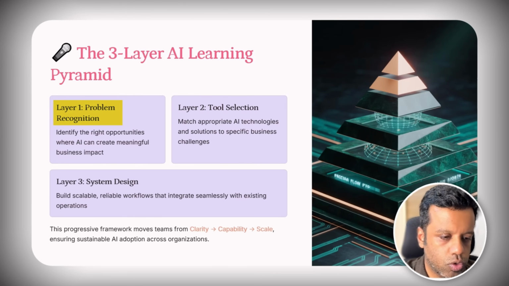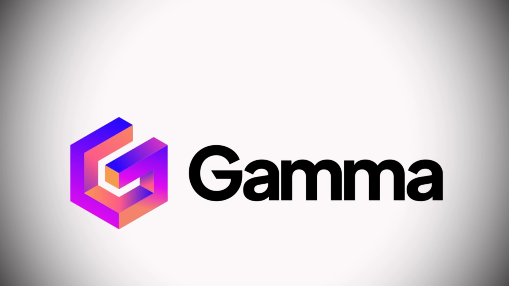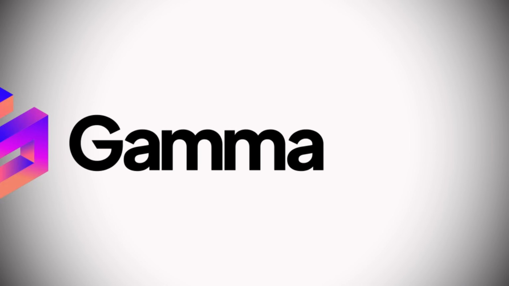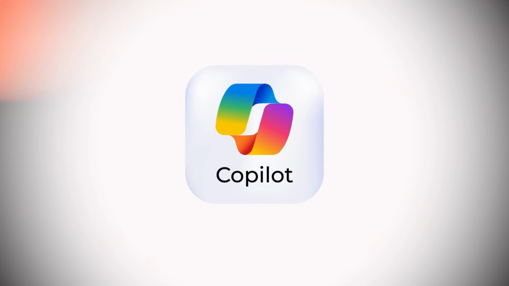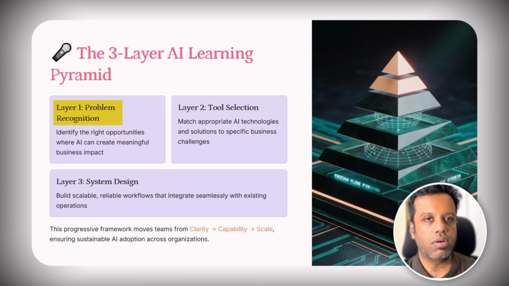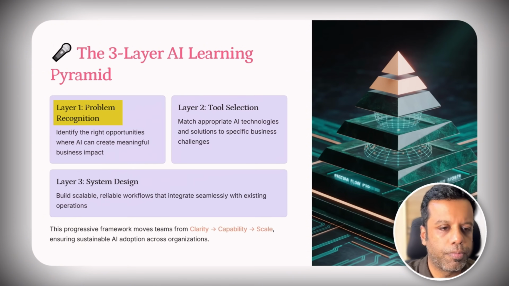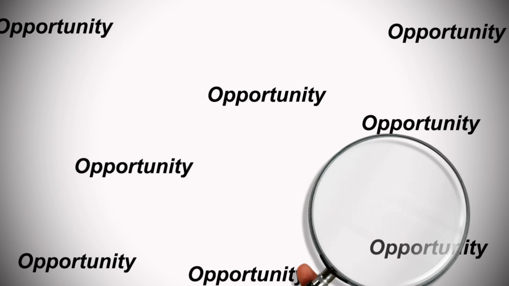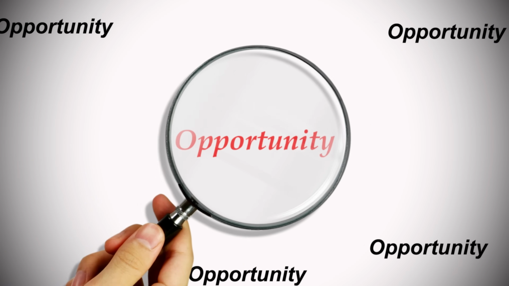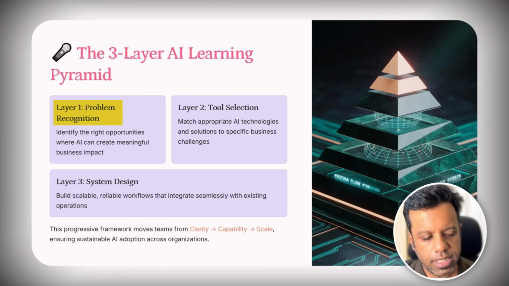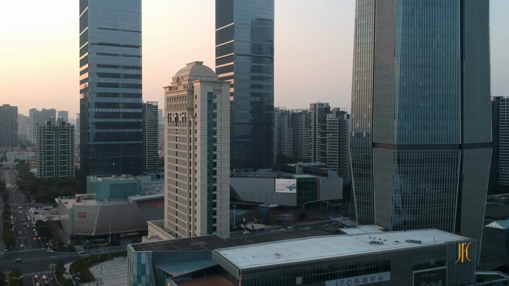Most people jump straight to solving with AI tools, using Gamma 2 or Copilot or other AI platforms to solve the problem without really recognizing and understanding what the problem is. First things first, you need to identify the right opportunities where AI can solve your problem. The first thing you need to understand is the business problem.